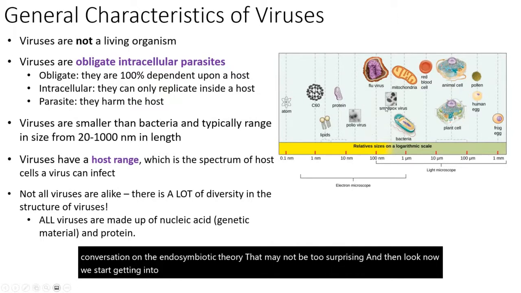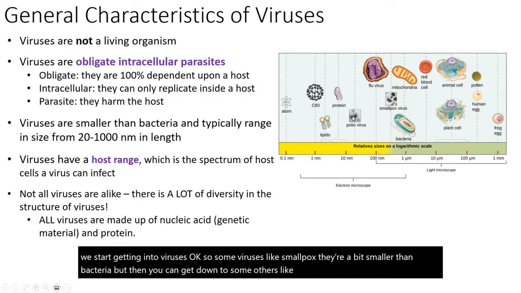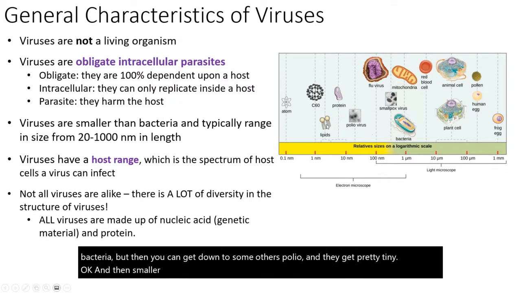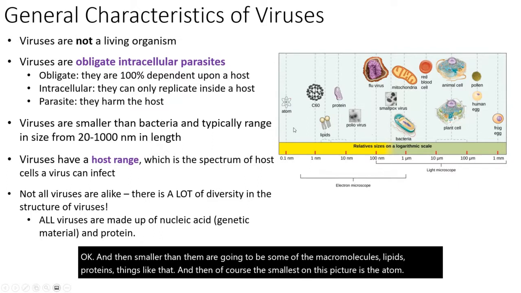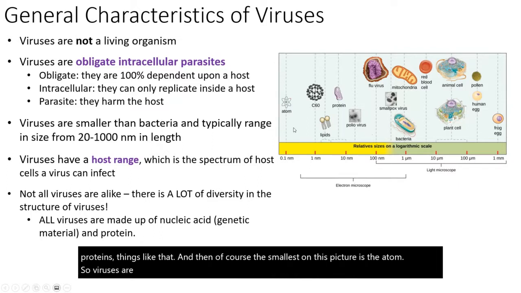Okay, so some viruses like smallpox, they're a bit smaller than bacteria, but then you can get down to some others like polio, and they get pretty tiny, okay? And then smaller than them are going to be some of the macromolecules like lipids, proteins, things like that. And then, of course, the smallest on this picture is the atom. Okay, so viruses are really tiny.